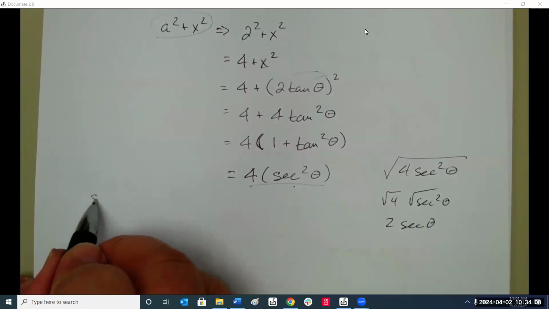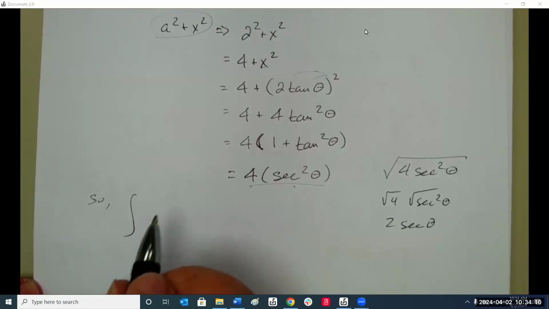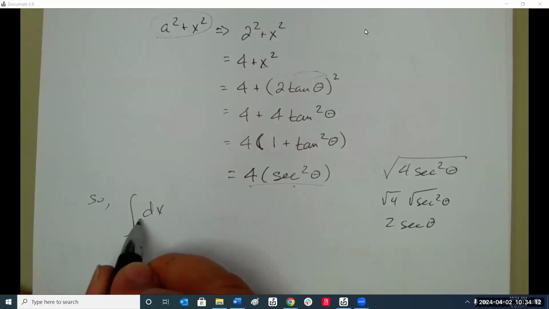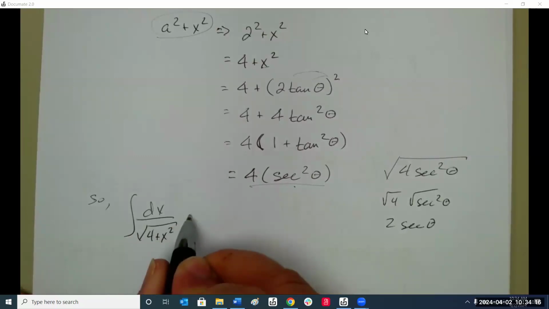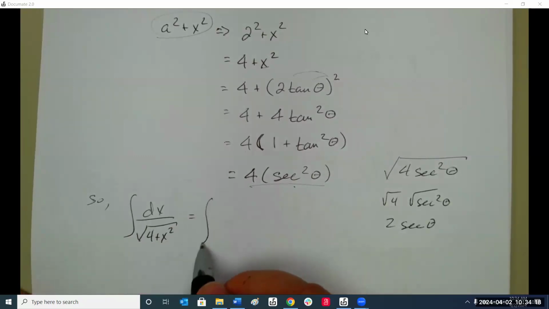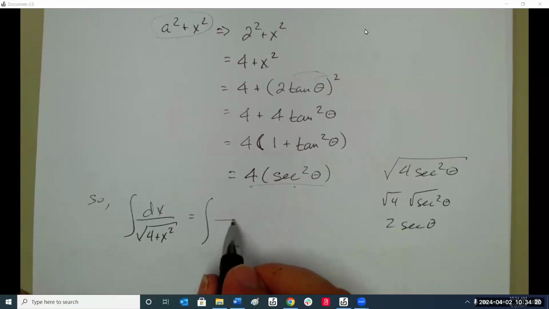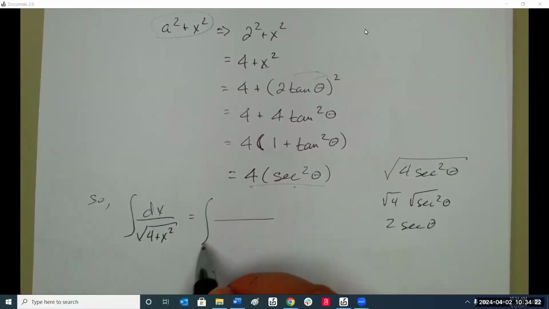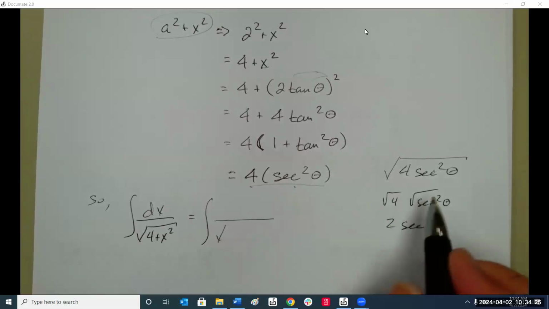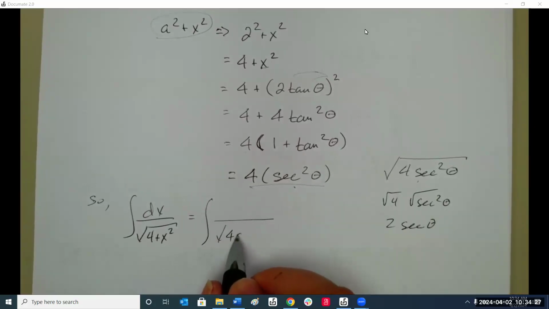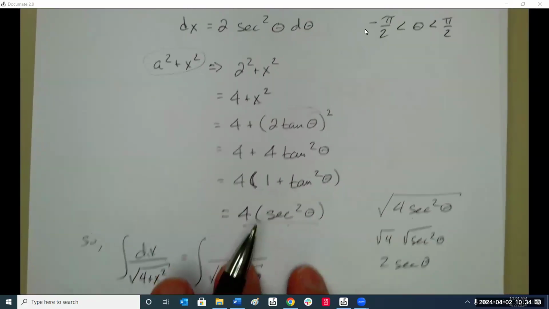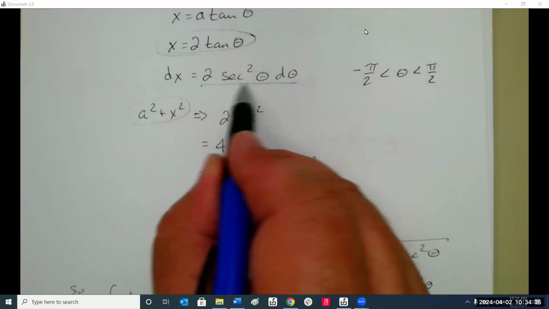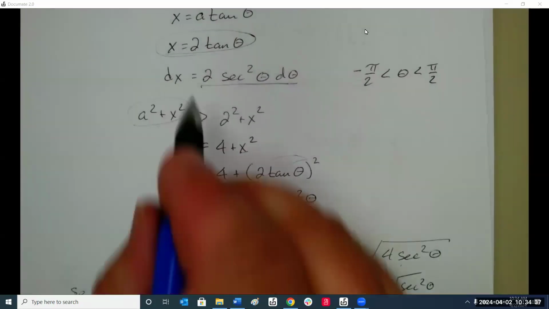So our integral, dx over the square root of 4 plus x squared, can be written, because this becomes 4 secant squared theta, and our dx is up there.